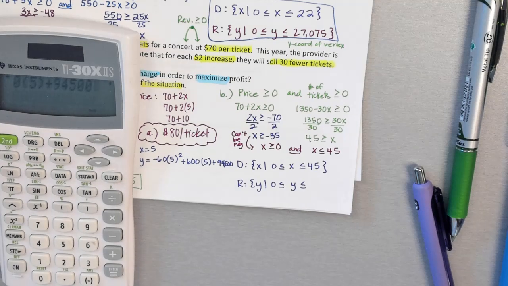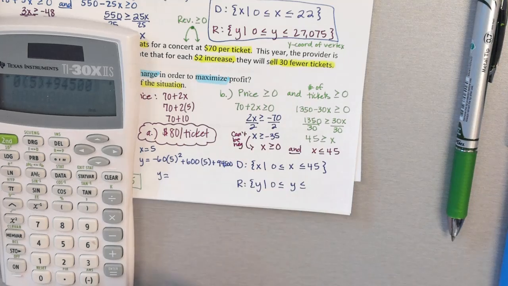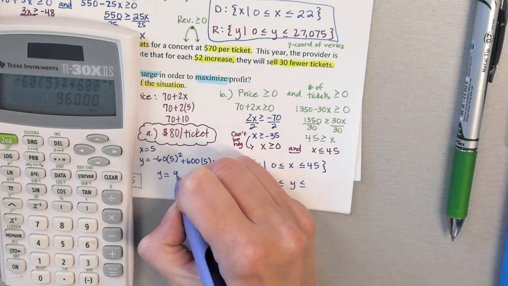Okay, and then go ahead and put that value in your range. All right, what do we get? 96,000.